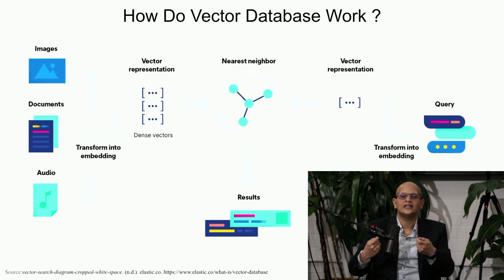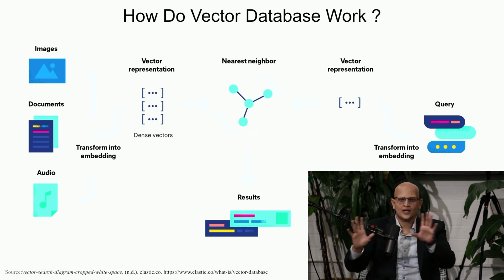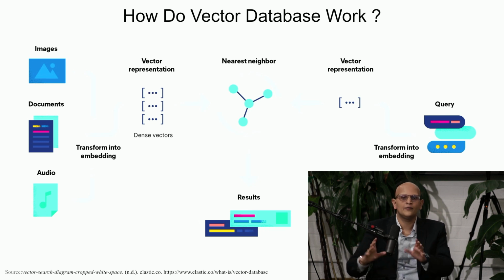They store the point location in the 3D, let me correct myself over there, not 3D, but n-dimensional space in the computer. So that's called vector representation. And then they use something called finding nearest neighbor, and we'll go through those algorithms in the later part of the presentation. And then even your query is converted into a vector representation. And then we try to do a match. And that's what the result would come out.